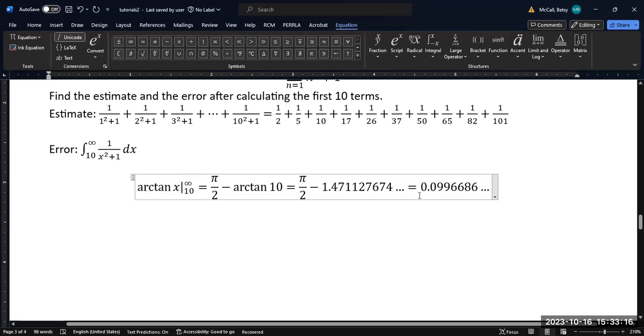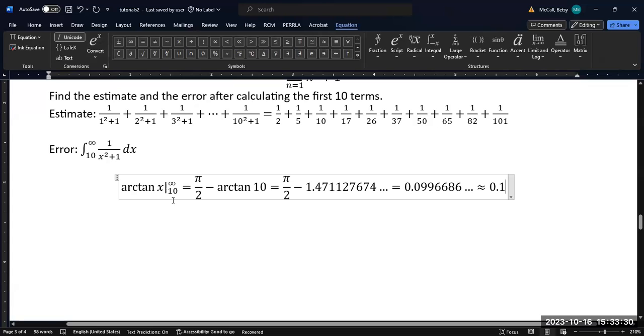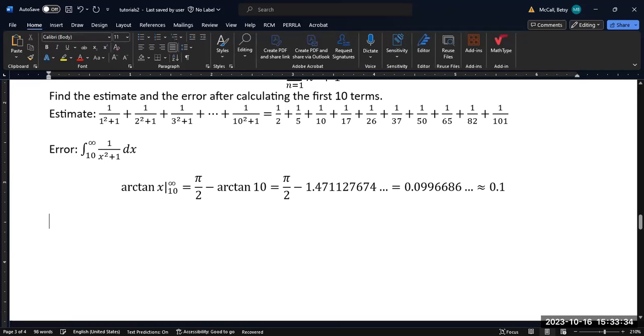So my error is within about 0.1, roughly, of the true value. So I could keep taking more values, and then I could keep calculating the error, and sort of approximating it along the way.